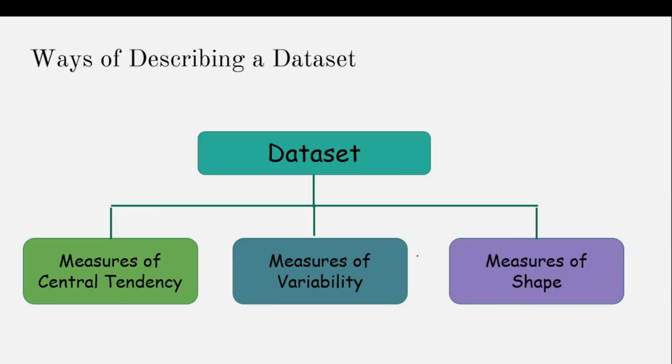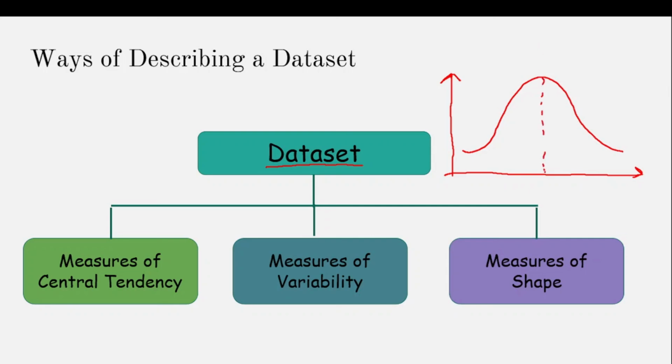Now we'll see the different ways of describing a data set. To describe a data set, let us consider a normal distribution. We'll study the normal distribution in great detail in upcoming videos, but let us consider this is a graph. To describe this graph, I need to know what the center of the graph is.